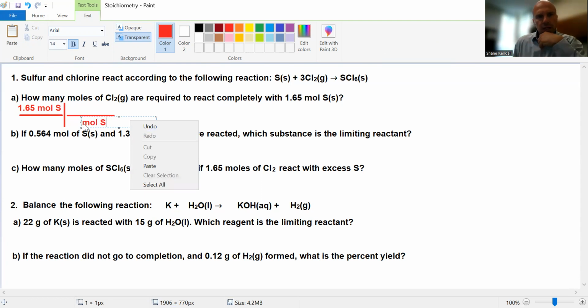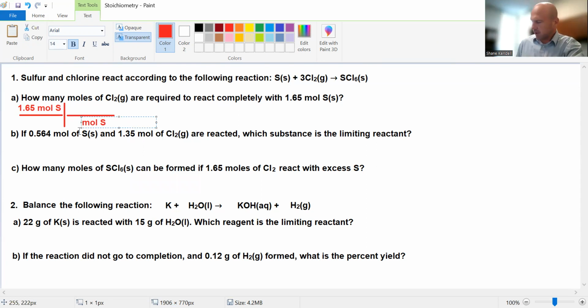Because I'm trying to relate it to the chlorine, the Cl2, that's when I look at the mole ratio. I've got 1 mole of sulfur goes with 3 mole of Cl2.